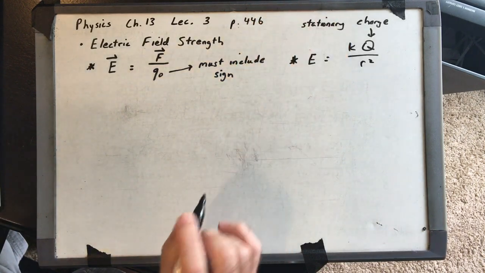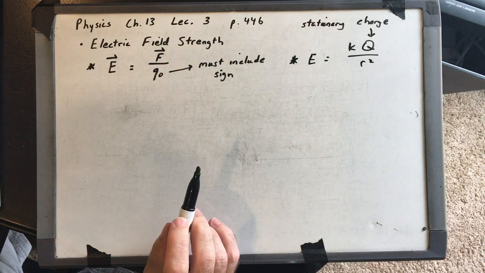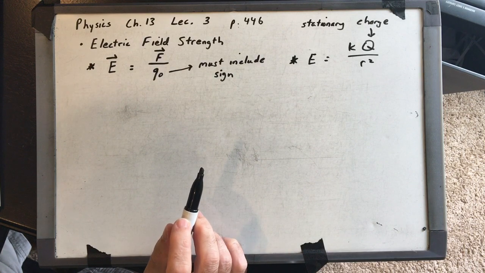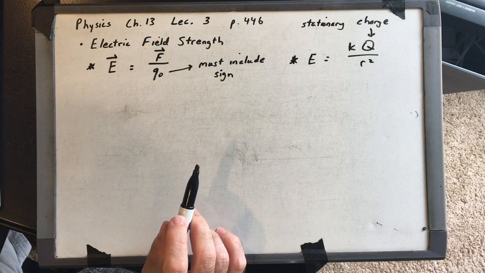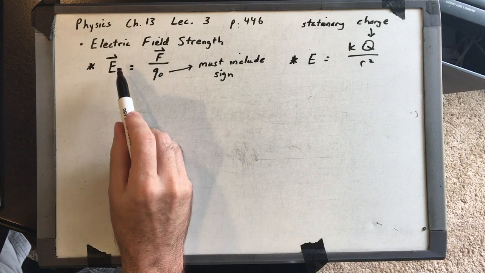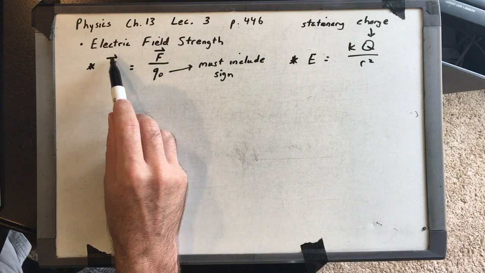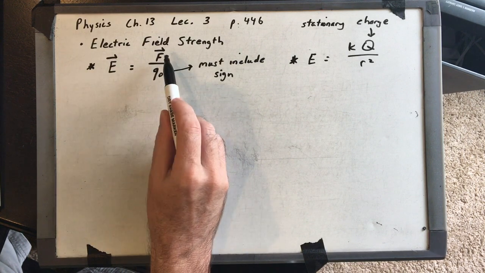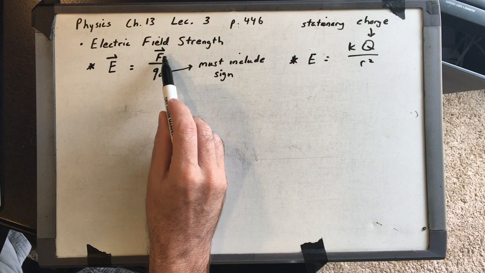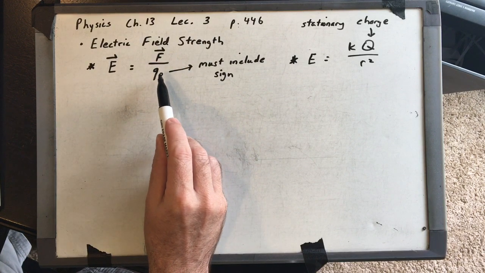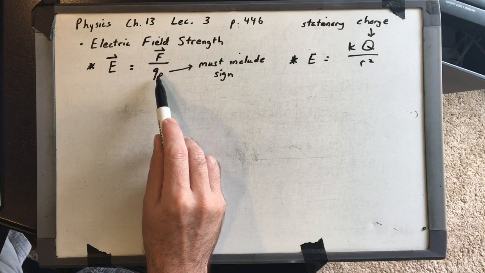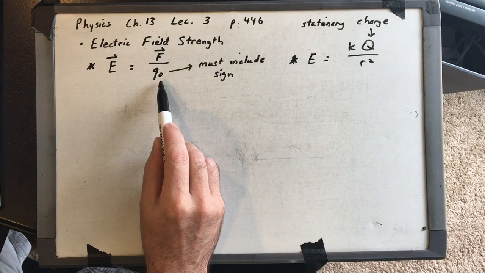So up at the top of page 5 on your notes, there are a couple of places for you to write formulas in. And the first one is E, and it's a vector, okay, is equal to the electrostatic force over the moving charge, little q, okay?